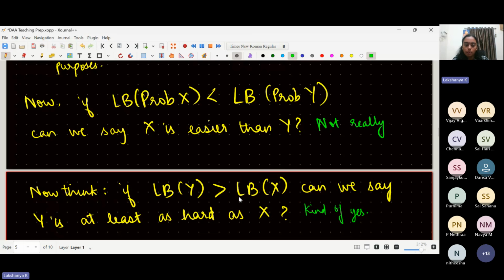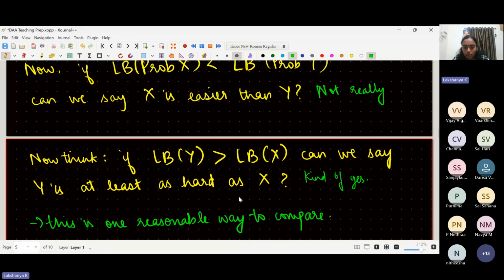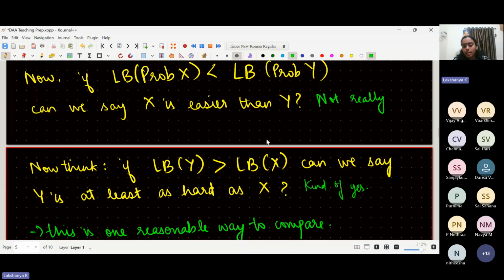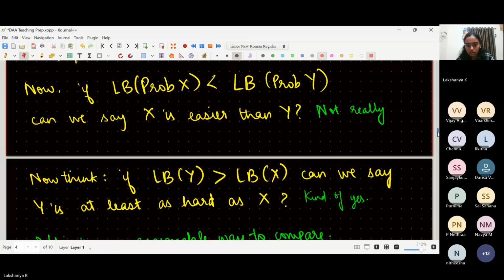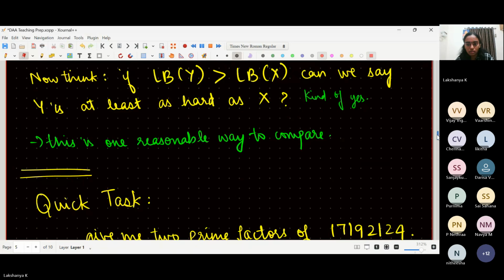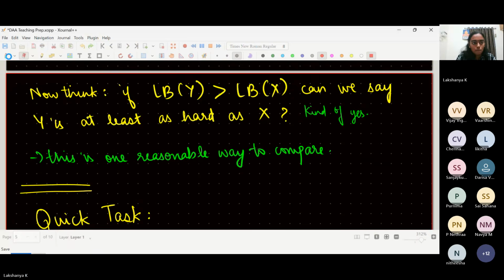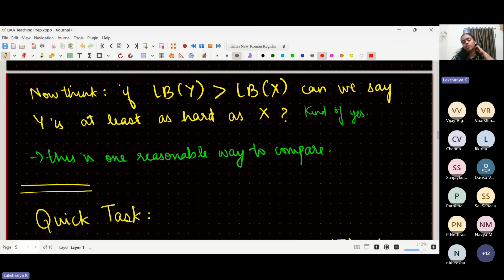We'll be looking at a more formal technique later, but for starters, judging the complexity of problems based on their lower bounds is a reasonable way to compare, provided you're making the right kind of inferences. So this thing which we saw is not a sensible inference to make. This thing, to some extent, yes. Make sense? Right. Okay. I assume that's a yes.